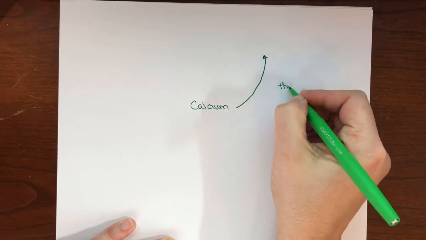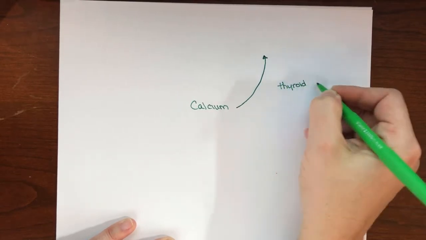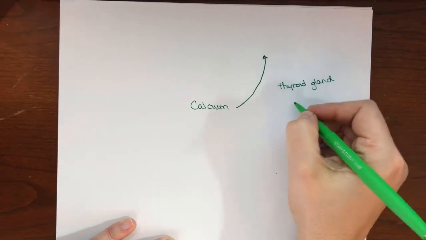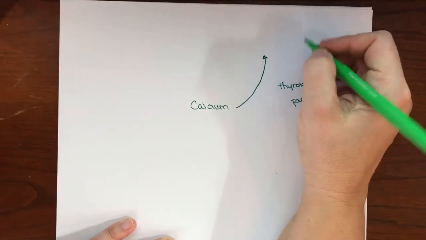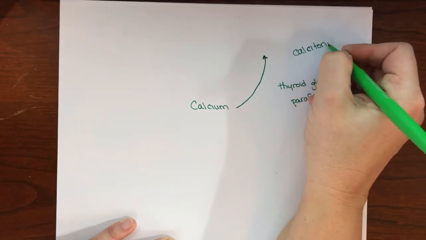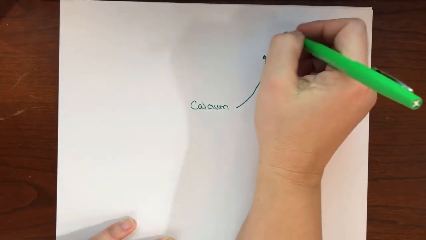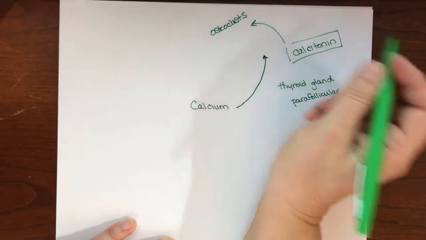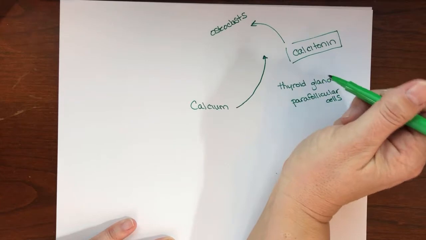The thyroid gland contains cells called parafollicular cells. They release a hormone called calcitonin. Calcitonin inhibits osteoclasts. And remember, osteoclasts are the cells that break down bone.